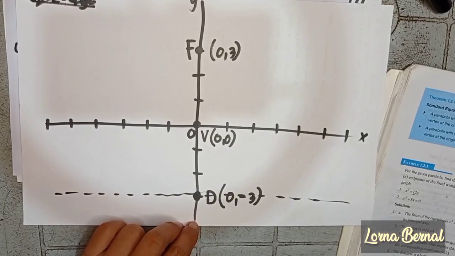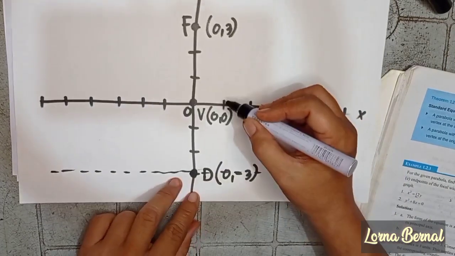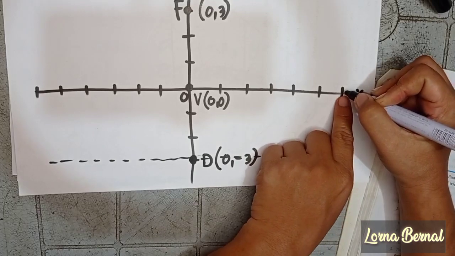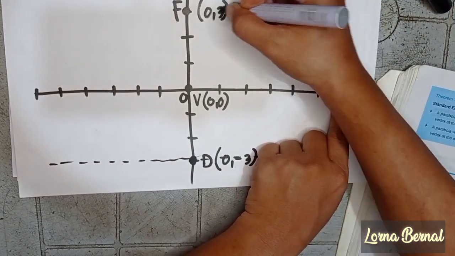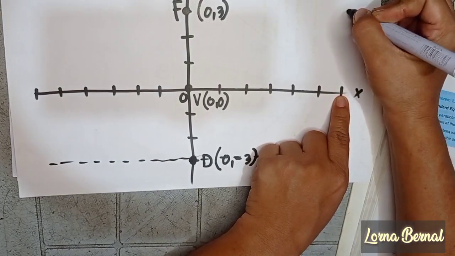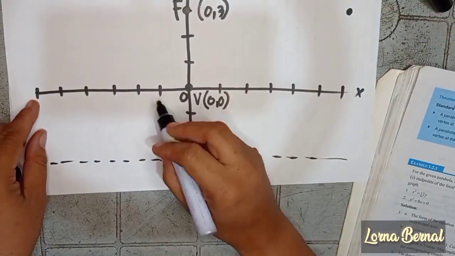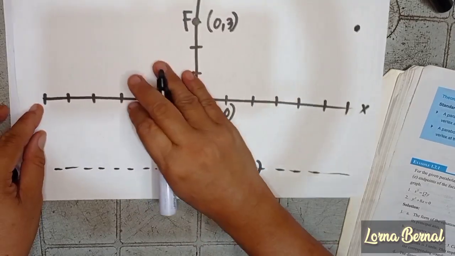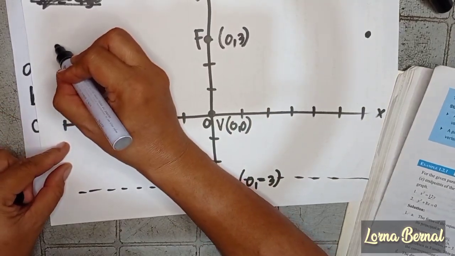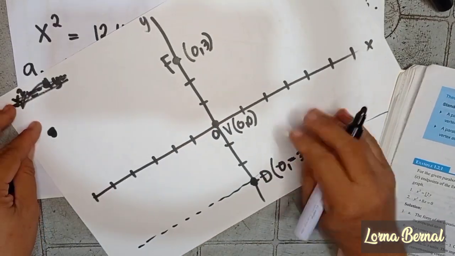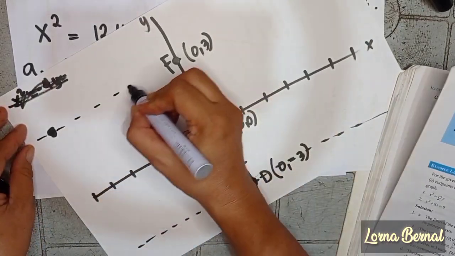So the focal width would be 1, 2, 3, 4, 5, 6. So this is the end of the focal width, here, and on the other side 1, 2, 3, 4, 5, 6, also there. Okay, so this will be our focal width.